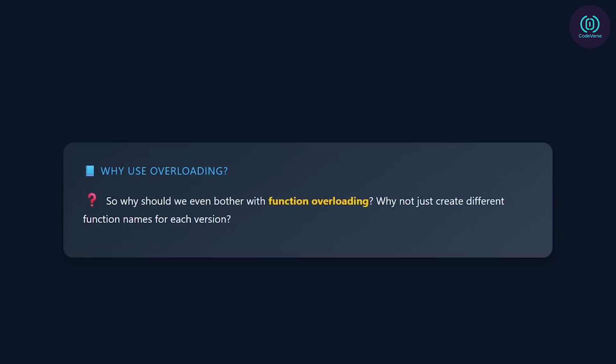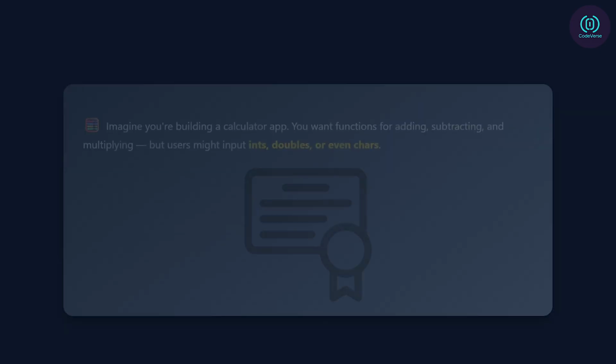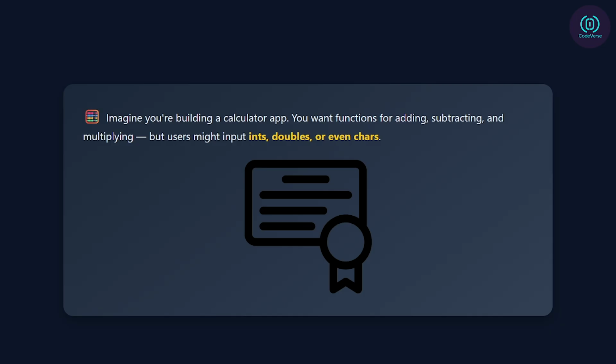So why should we even bother with function overloading? Why not just create different function names for each version? Well, imagine you're building a calculator app. You want to create functions for adding, subtracting, and multiplying values. But your users might input integers, doubles, or even characters.